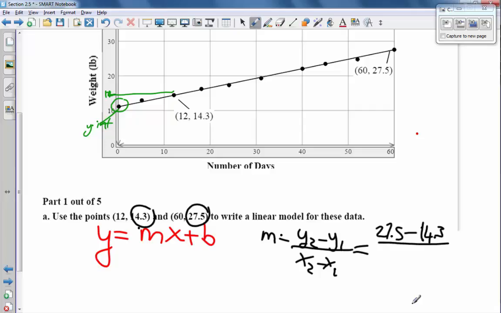And x2 is 60, x1 is 12. All right, somebody take the difference, divide, and tell me. Are you right? 13.2.